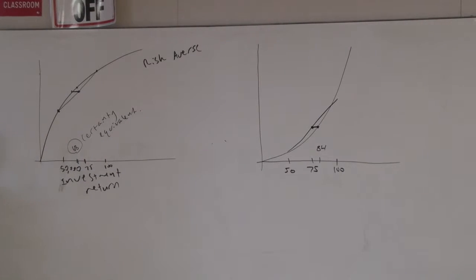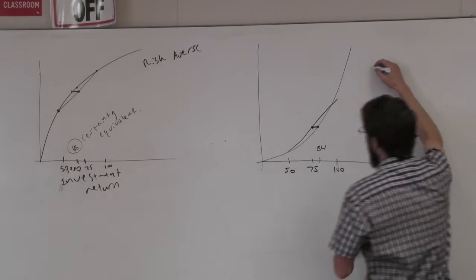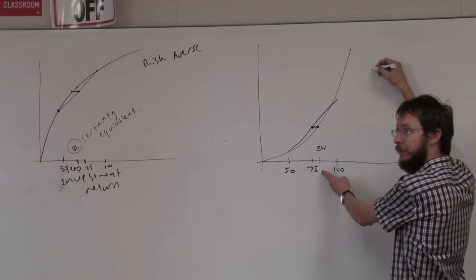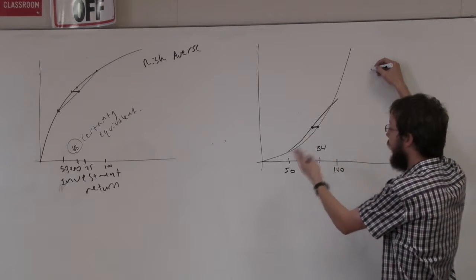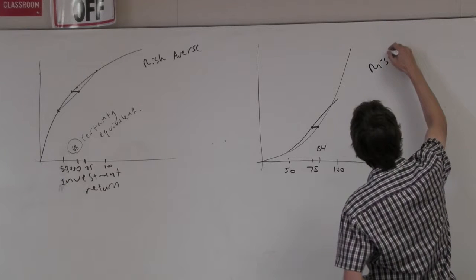It could be 50,000, could be 100,000, and that risk actually gives him more excitement and more utility than the normal investor. So this is what's called risk-seeking behavior.